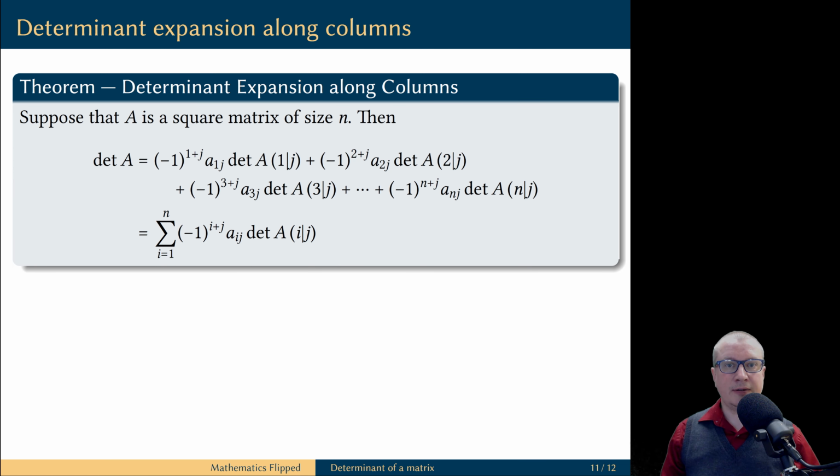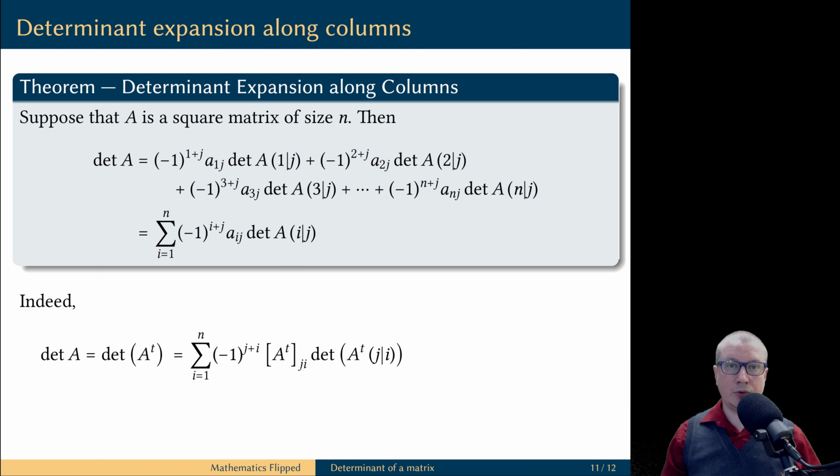Using this fact, we can now establish the cofactor expansion along columns for the determinant. Notice that in this sum, the index j, the column number, stays fixed, and it is the index i, the row number, that is varied. To establish this new formula, let's use the fact we just proved that the determinant of the matrix is equal to the determinant of its transpose.